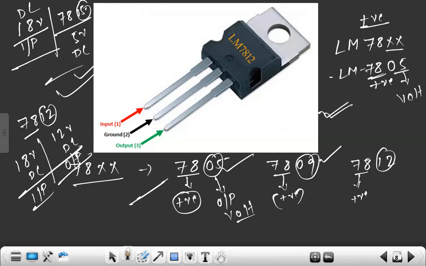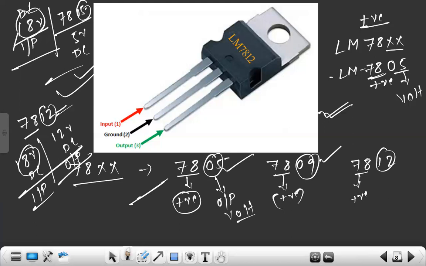So this is exactly our DC power supply regulation. That means if this 18 volt would be somewhere maybe up or down, maybe 15 volt, maybe up to 12 volt, it has to give 12 volt over here.